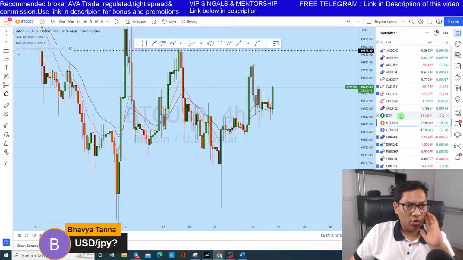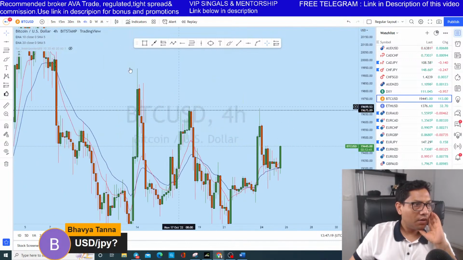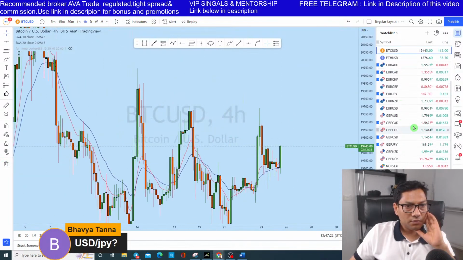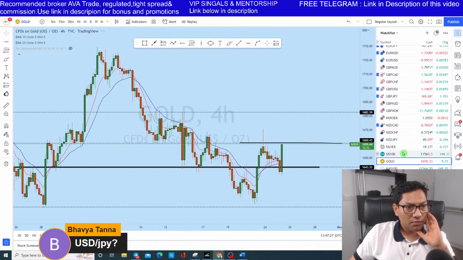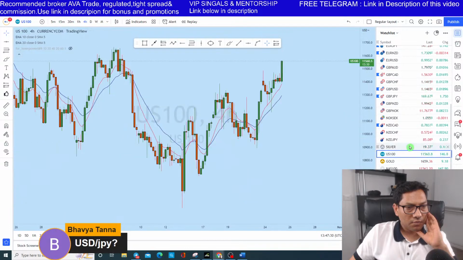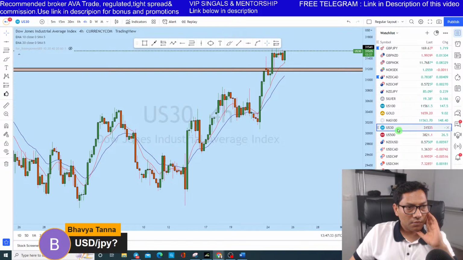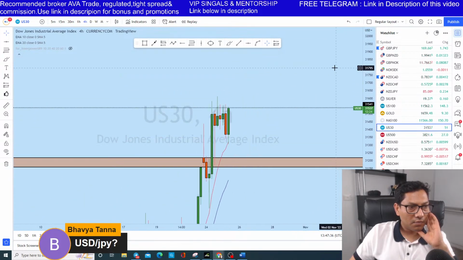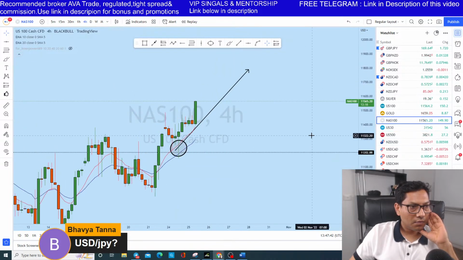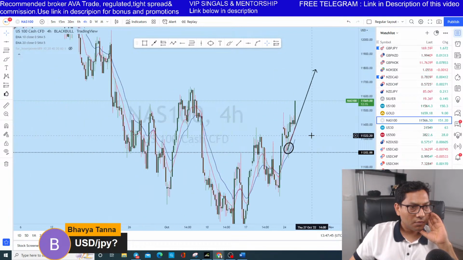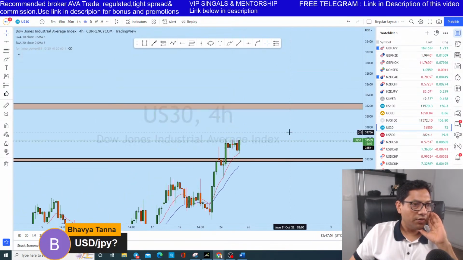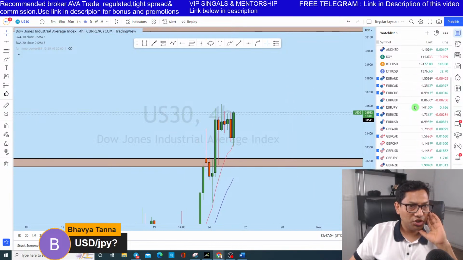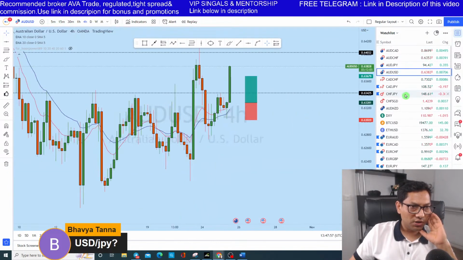Okay, so with that movement, Bitcoin is also going a little bit to the upside. US30 is starting to be bullish very strongly, like AUDUSD, Euro.